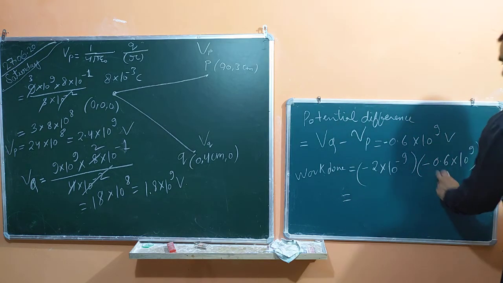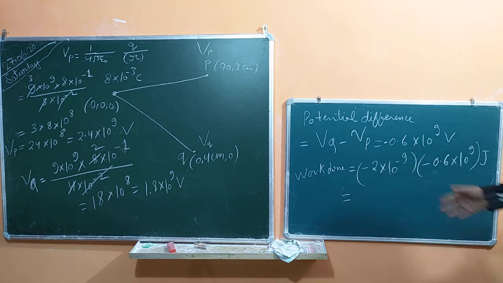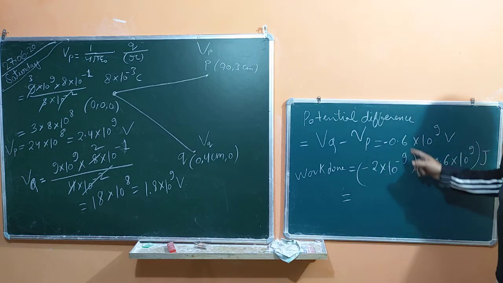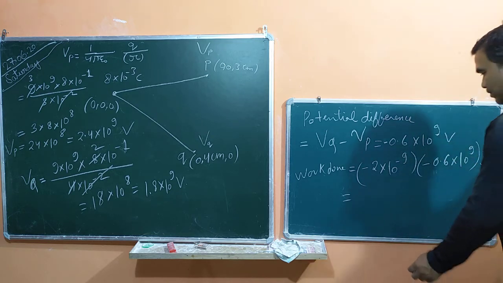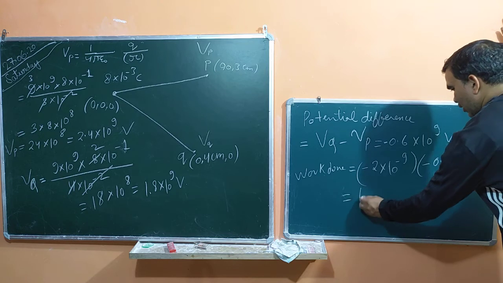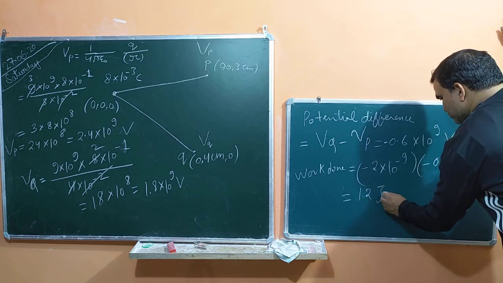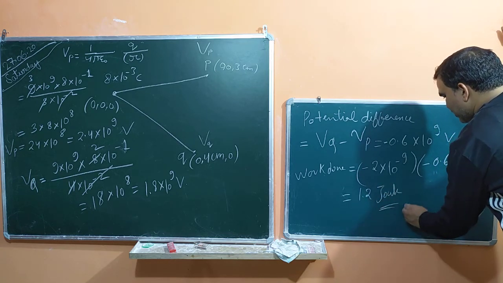So minus minus comes out to be positive. 10 to the power minus 9 and 10 to the power 9, it goes cancelled. 1.2 joule should be the answer.